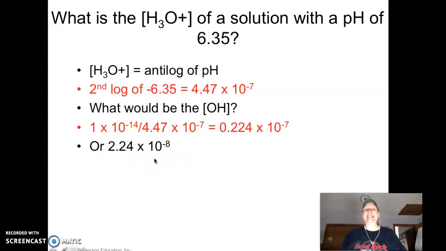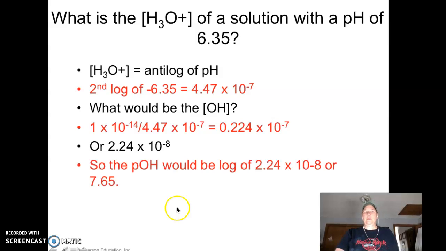Either way, you're going to get the exact same answer. So if I take 14 minus 6.35, I get 7.65. If I take 2.24 to the negative 8th and do the log of that, I get 7.65. So either way, but honestly, 14 minus that number would probably be the easiest way to go.